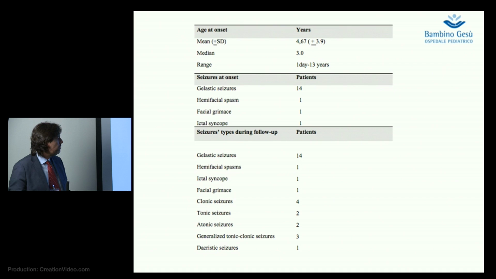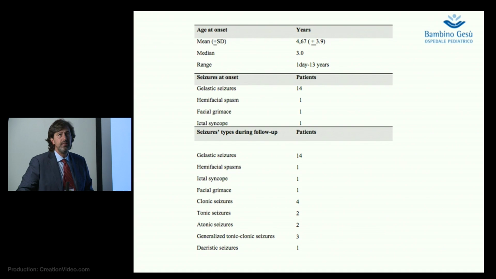Regarding the age at onset and the type of seizure, this is a supplementary table that was published in a paper we published a few years ago on the intraoperative activity of the hamartoma. I want to point out here the different types of seizures that might be associated with the gelastic seizures.